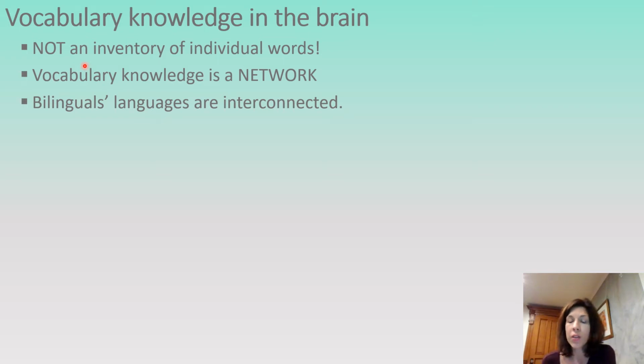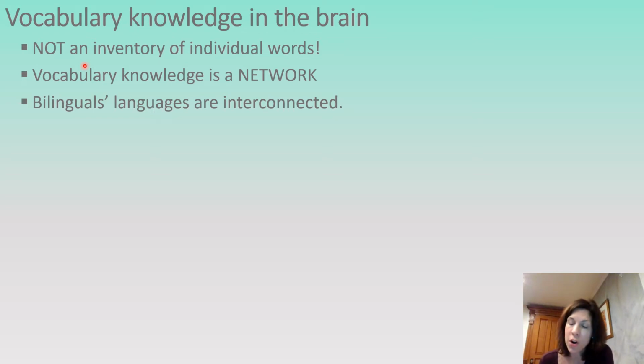Okay, so the other thing that I need you to know is that bilingual languages are interconnected. For a while in linguistics, there was a debate: when you know more than one language, are they separate in the mind, or are they interconnected?